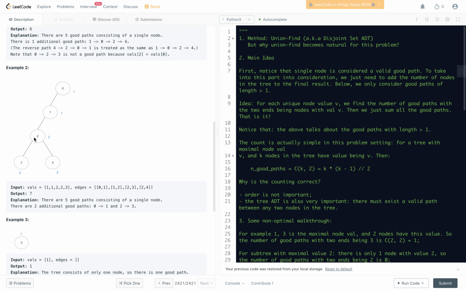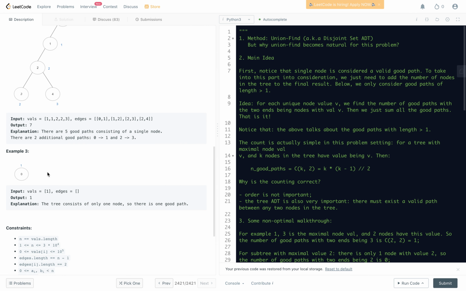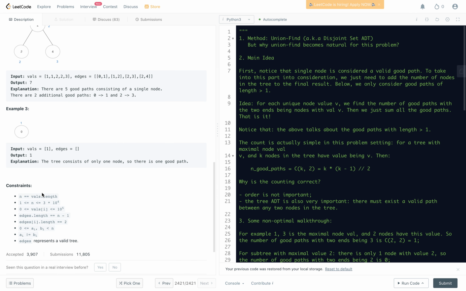So similarly, we can analyze example 2. So there are 5 single node paths, and 3, 2, and 0, 1 are another 2 good paths with end values 2 and 1 respectively. So this is example 2.